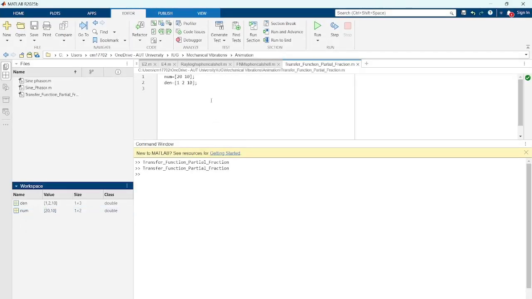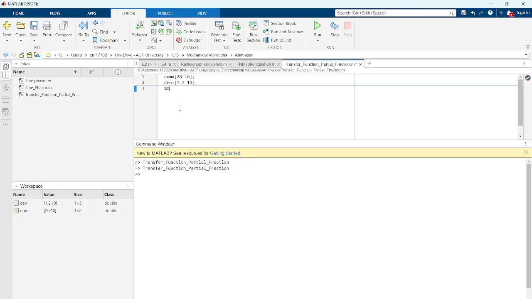Now I want to give other commands, but I don't want MATLAB to waste time calculating these commands again. So you can enter the percentage sign twice. Now it has created a new section, and instead of running the whole program, you can just run the section.